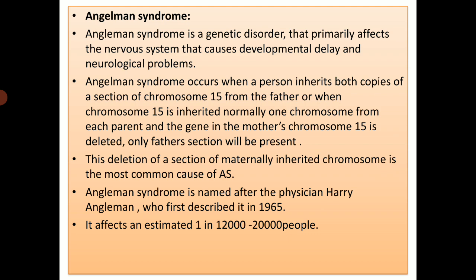Angelman syndrome occurs when a person inherits both copies of a section of chromosome 15 from the father, or when chromosome 15 is inherited normally, one chromosome from each parent, but the gene on the mother's chromosome is deleted.